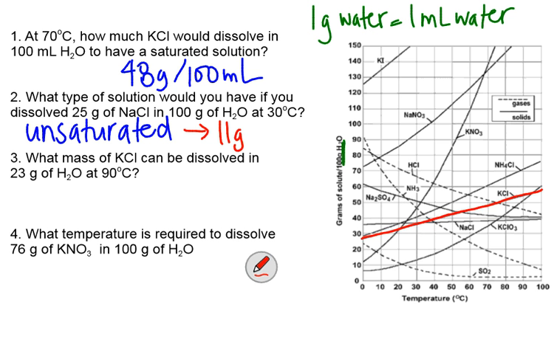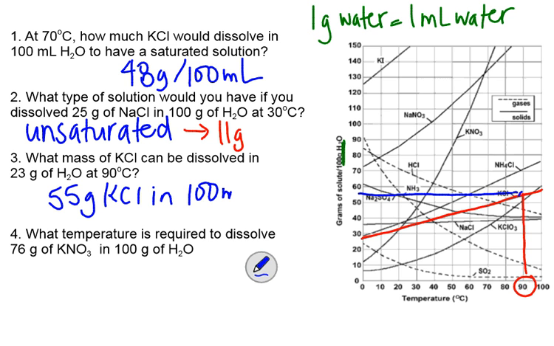Yikes, okay, this one gets a little bit tricky, and this is where your assignment's going to come in. So we're looking at 90 degrees. If I go up at 90 degrees, I hit this point here, and if I go across, it looks like I can dissolve about 55 grams of KCl in 100 grams of water.